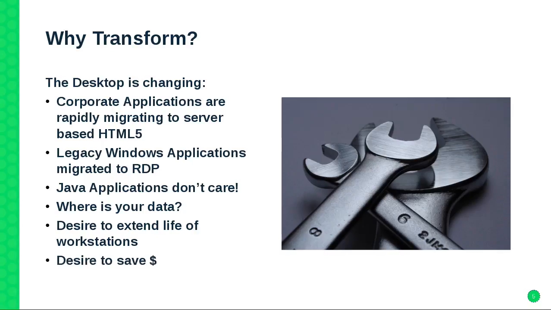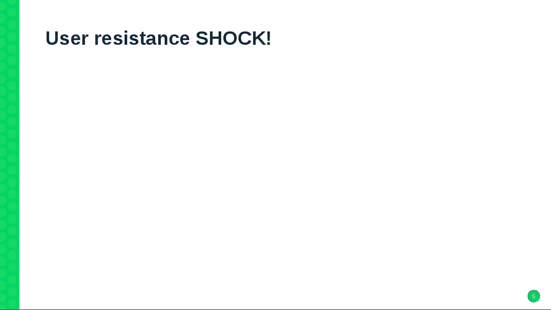So there's also a desire to save dollars, lots of cash. But it's not just cash in terms of the replacement of the machine or changing the operating system, but it's all the deliverables of moving new systems onto desktops, the upheaval that causes, the new user training that's required. So there's lots of reasons to transform. But of course, you're always going to have problems with users.